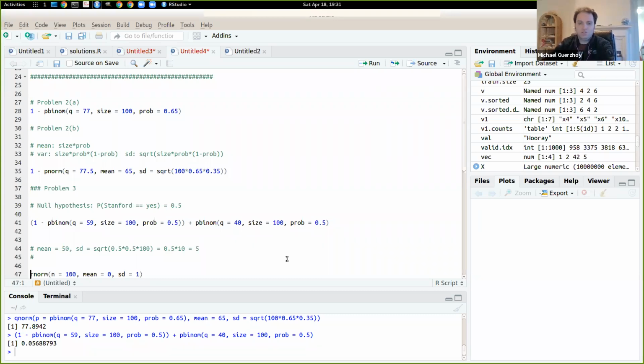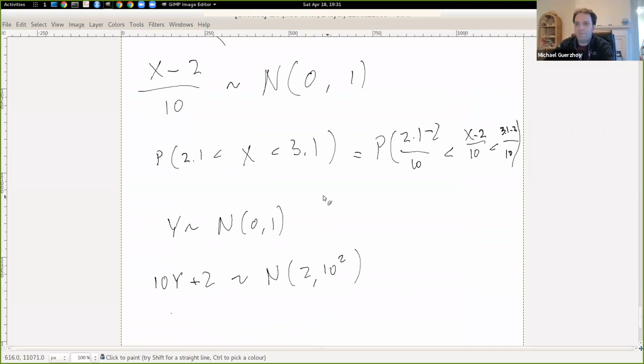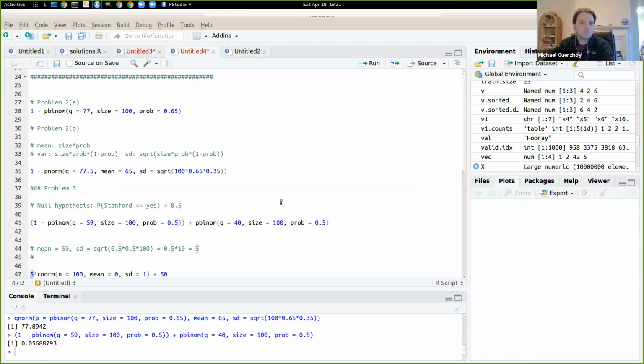But what we can do is multiply by the standard deviation and then add the mean. Those would look like samples from a normal distribution with mean 50 and standard deviation 5. So this is the same trick that we used before. So, okay, that is the answers.